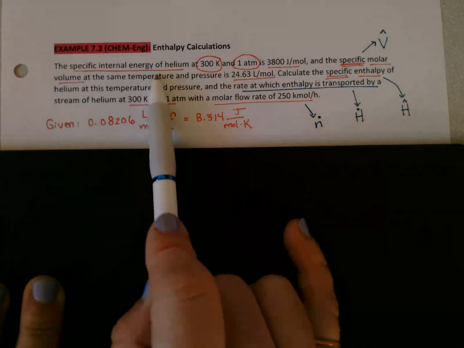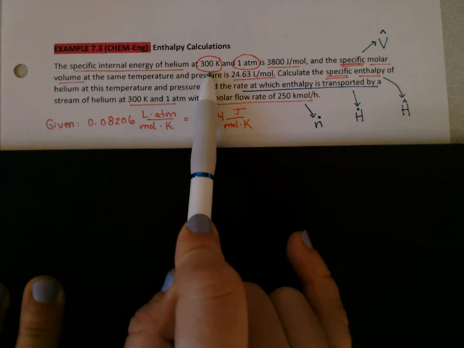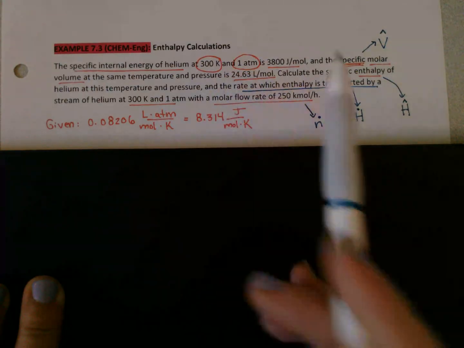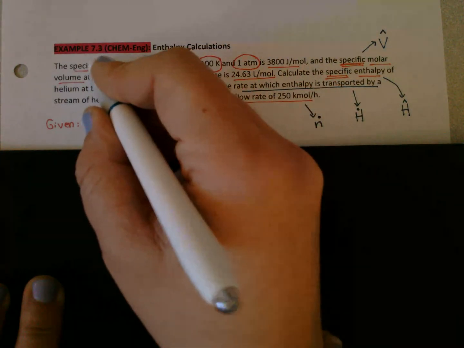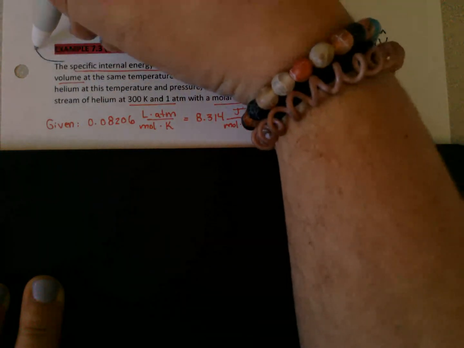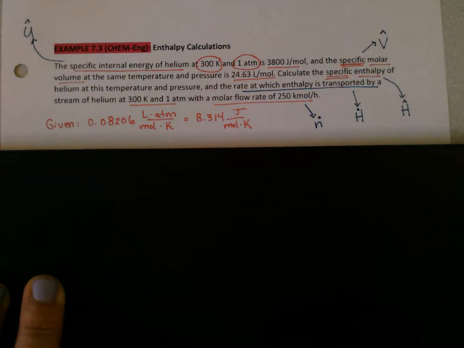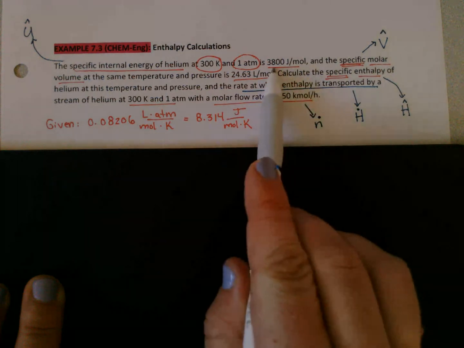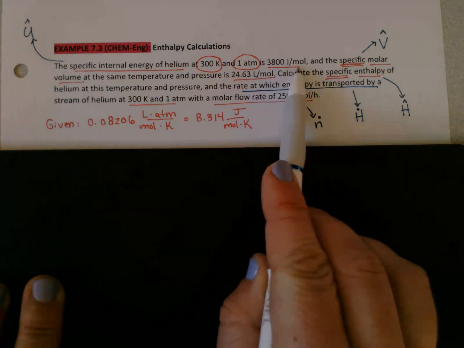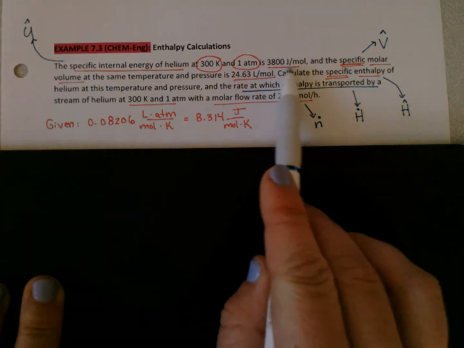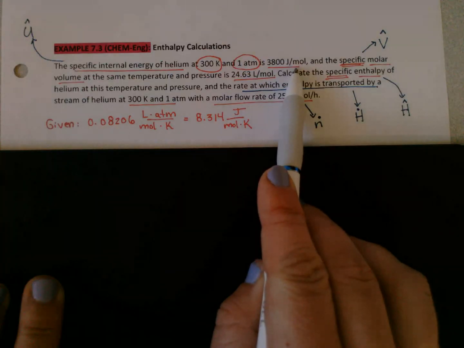We've got a specific internal energy of helium, which is at a specific temperature and a pressure. So remember, specific internal energy, I'm going to draw it over here. That's going to be a U with a little hat on it, and that's got units of 3,800 joules per mole. The units are also an indication that it's a specific internal energy.